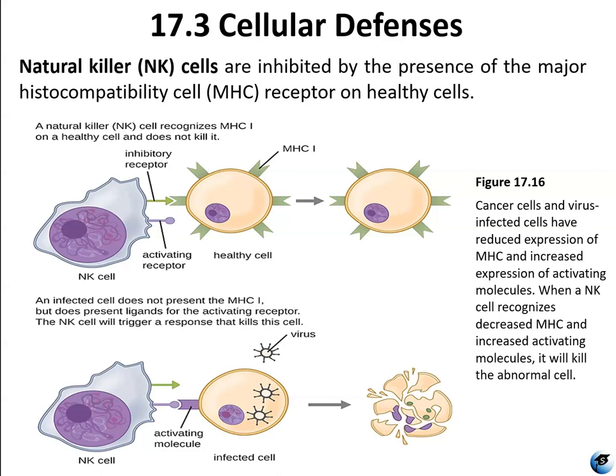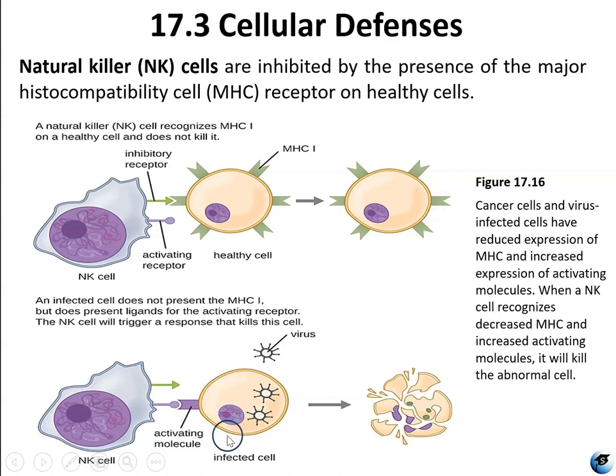So what happens is, in a healthy cell, so here you have your NK cell, healthy cell. The healthy cell has plenty of MHC, and the NK cell has an activating receptor and it has an inhibiting receptor. The inhibiting receptor attaches to MHC. If it's there, then everything's fine and the healthy cell stays healthy.